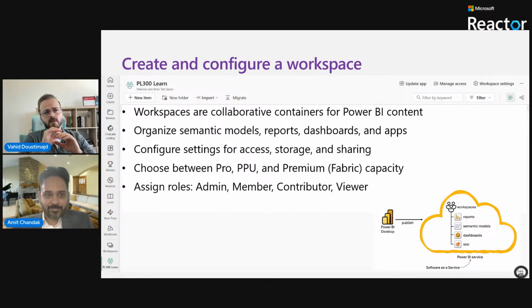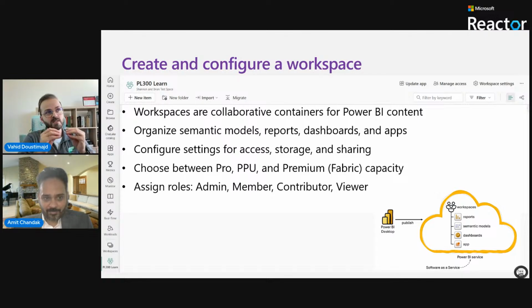On the other hand, if you buy a Premium or Fabric capacity, a dedicated capacity will be assigned to your workspace. That means RAM, CPU, and space are dedicated to your workspace, and then you have more features and more ability to use that workspace. You can set the auto refresh for your data set or semantic model 48 times.